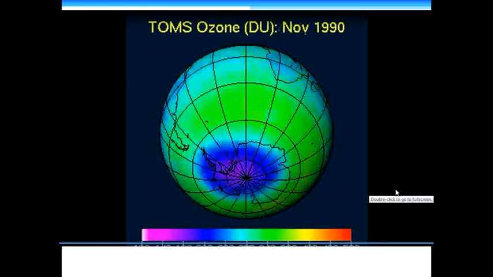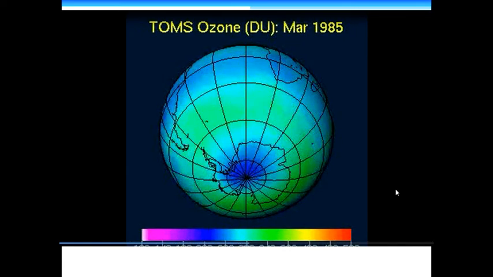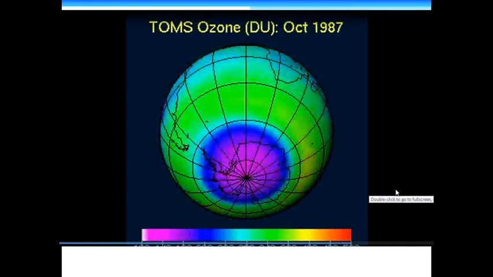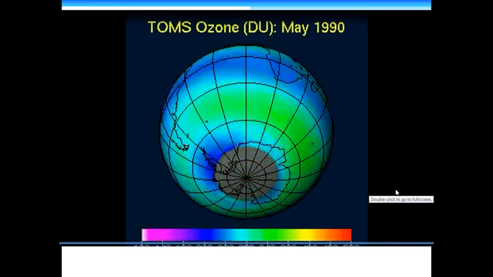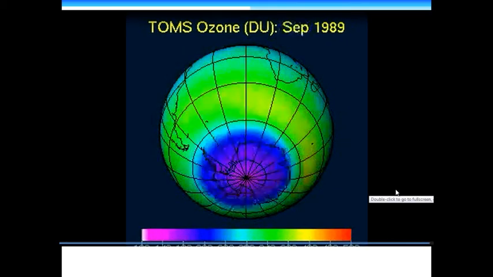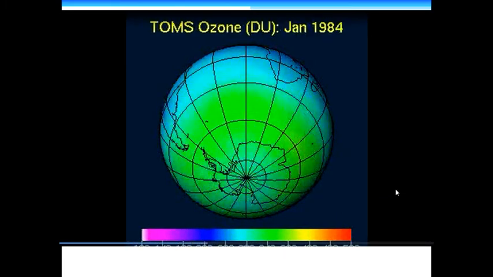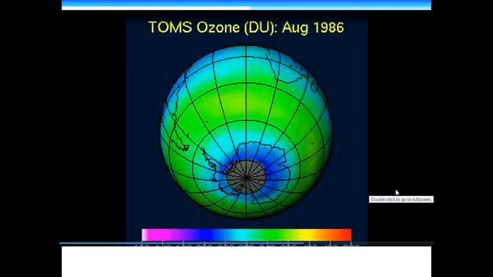And then it thickens a little bit more once we pass September and October. And you can look at the color scale. Blue is less ozone, the concentration of ozone is low, versus the colors on the right-hand side of the scale, which are greater ozone concentrations.